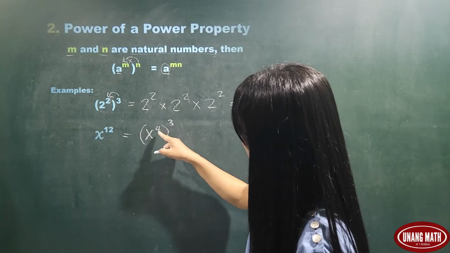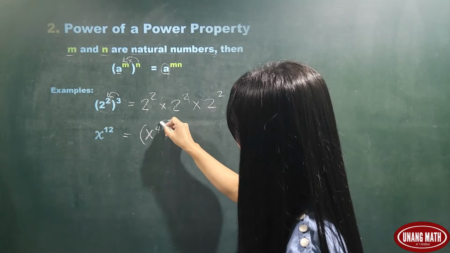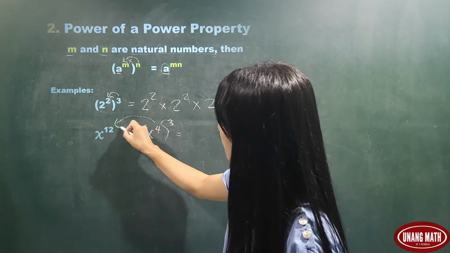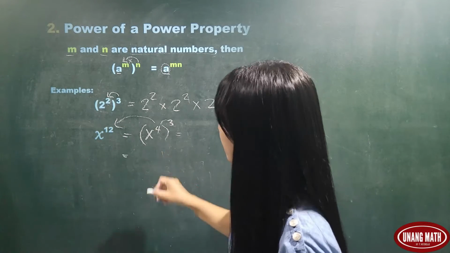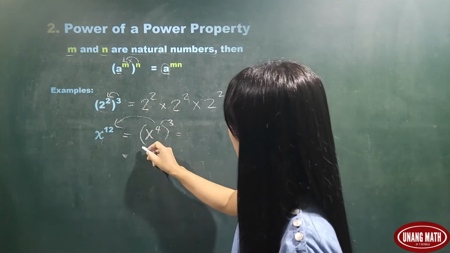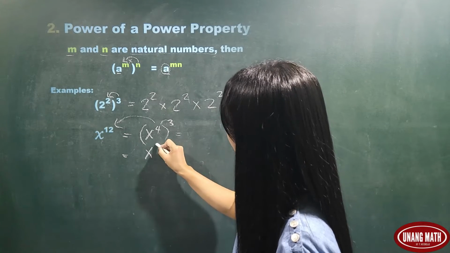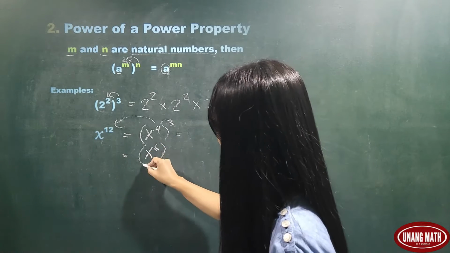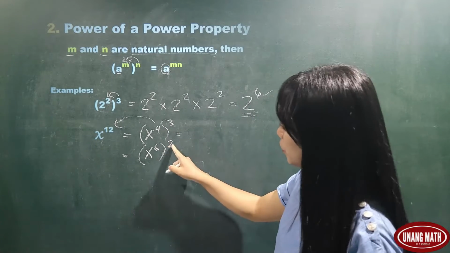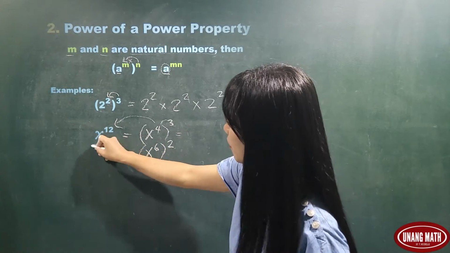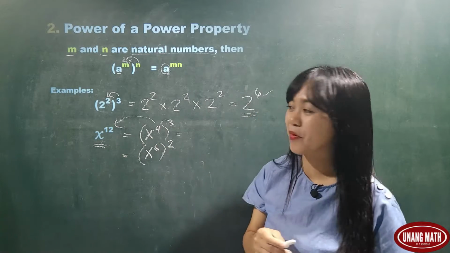Because if you will multiply 4 times 3, this is 12. So this is equal to x raised to the power of 12. Okay, another. This one is also equal to x raised to the power of 6 inside the parenthesis and then raise it to the power of 2. 2 times 6, 12. So this is equal to x raised to the power of 12.